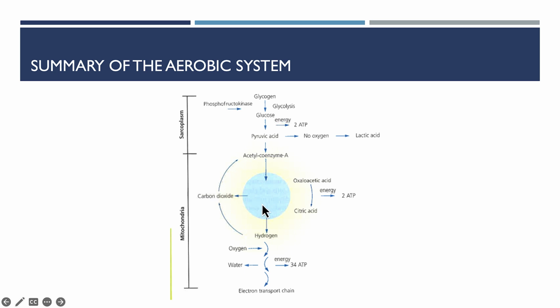Another part of it that is created is hydrogen. So this hydrogen is then used as part of the electron transport chain and is carried by the hydrogen carriers. Oxygen is then added because this is under the presence of oxygen. At this stage, it creates 34 ATP, and the byproduct is water, which again is removed through gaseous exchange. This then continues to our electron transport chain.